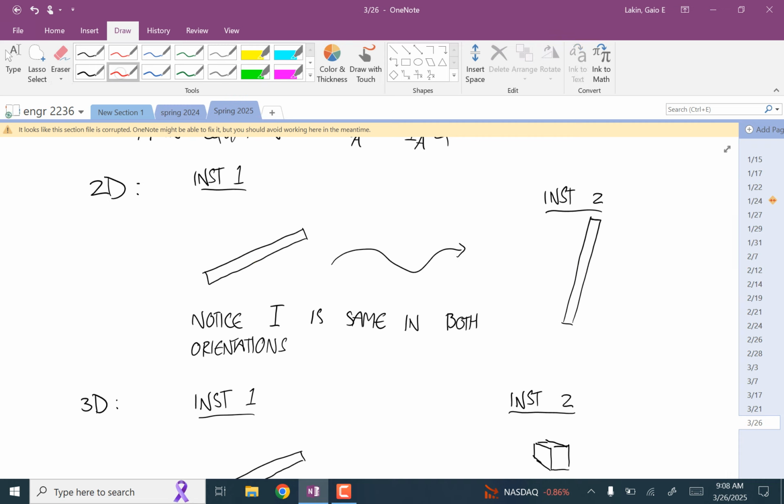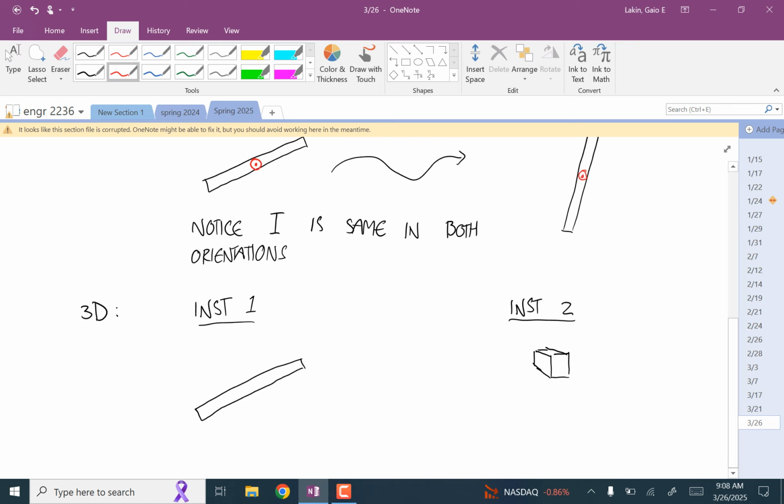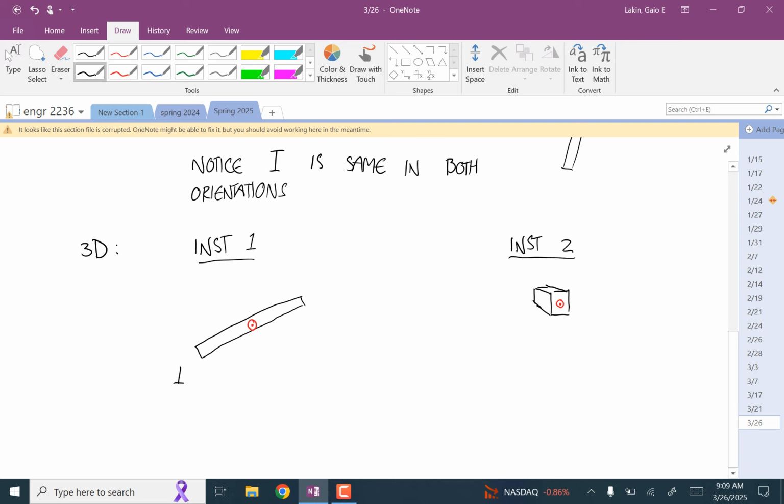Yeah, exactly. But now think about the same thing here and think about the moment of inertia about a vector out of the page. Here we have one formula for the moment of inertia. Here we have a totally different formula for that moment of inertia. And so I changes instant to instant.